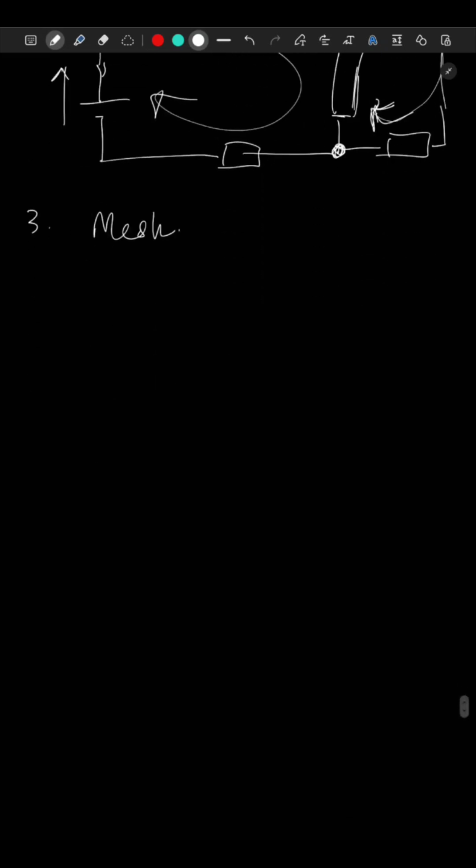Let's see how to count the number of nodes, branches, loops, and meshes. Let's see a circuit, for example. We have resistors connected.